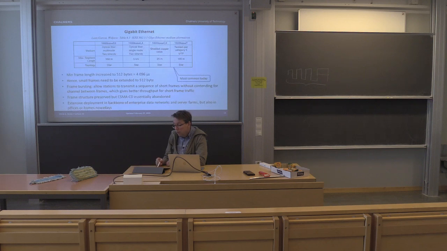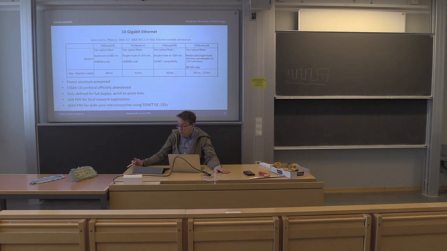So essentially, instead of reducing the length of the segment, we extended the minimum frame length in bytes. And then everything works. There are some other inventions done here. So the frame structure is preserved, but essentially CSMA/CD is abandoned, because we now have switches taking care of that. We've seen extensive deployment of this.